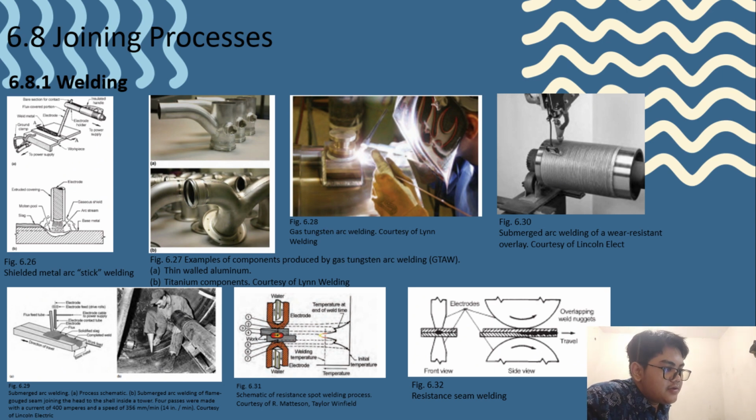And then we get to Figure 6.30, submerged arc welding of a wear-resistant overlay. Figure 6.31 is a schematic of the resistance spot welding process, and Figure 6.32 is resistance seam welding.